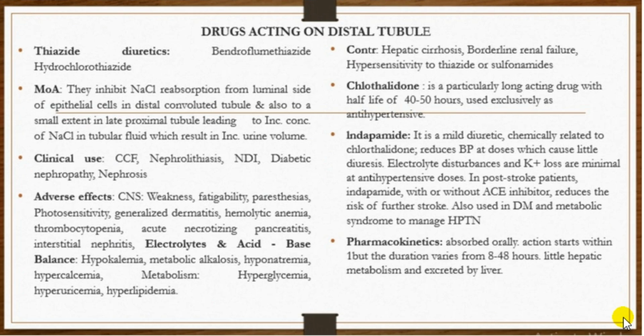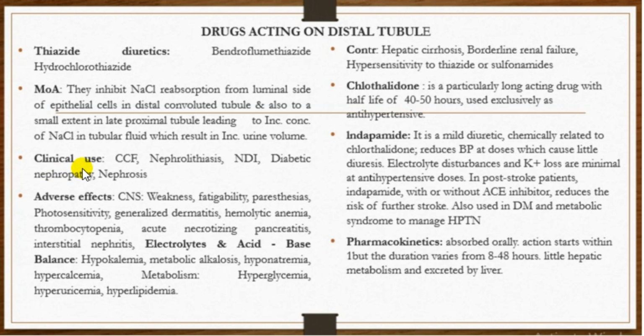Now these thiazide diuretics also cause a direct relaxation of arteriolar smooth muscles, and this leads to the continued hypotensive effect that we see when we give thiazide diuretics. Now let's look at its use, how do we use thiazide diuretics in clinical settings?